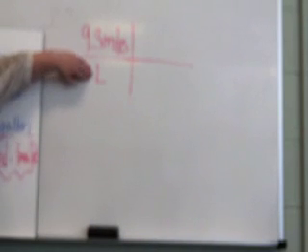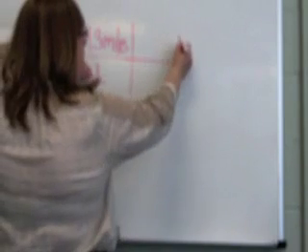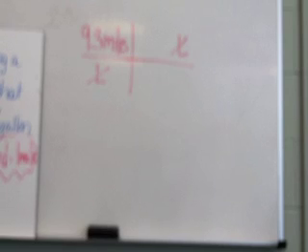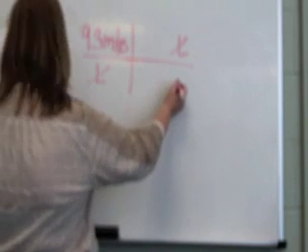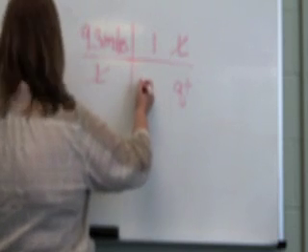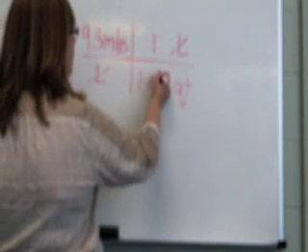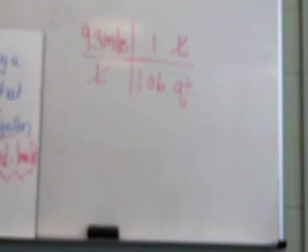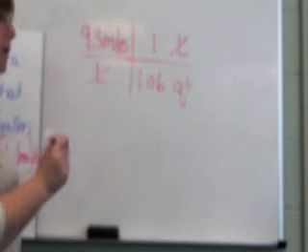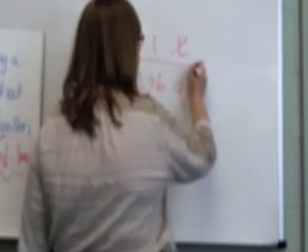We don't want liters in the denominator, so we're going to put it in the numerator so it will cancel. And we had a conversion between liters and quarts. And a liter is 1.06 quarts. So now we would have the unit miles per quart, but we wanted miles per gallon.